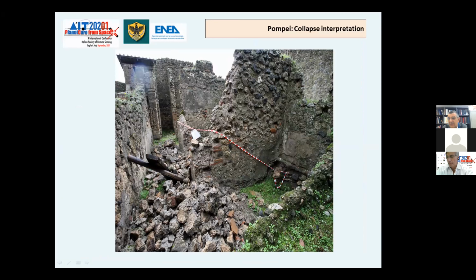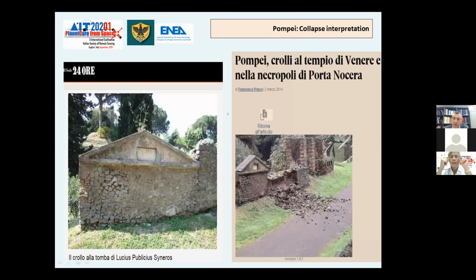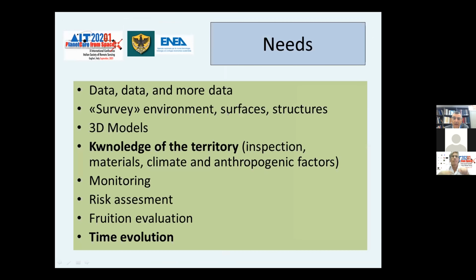Remote sensing is very interesting also to understand the collapse mechanism for safety reasons, but also for surveying some structures after this event. So here we have a sample of Pompeii, and what we need, as conservators, as restorers, is data, survey, but we need more knowledge of the territory.